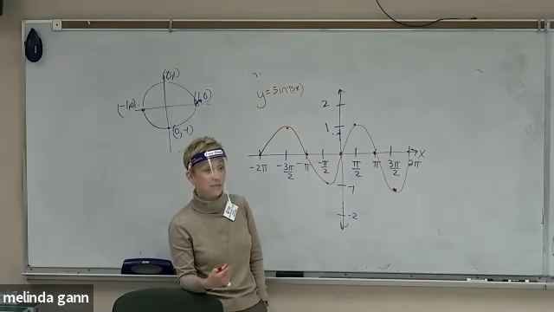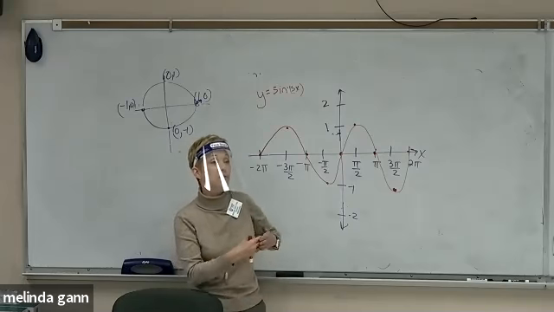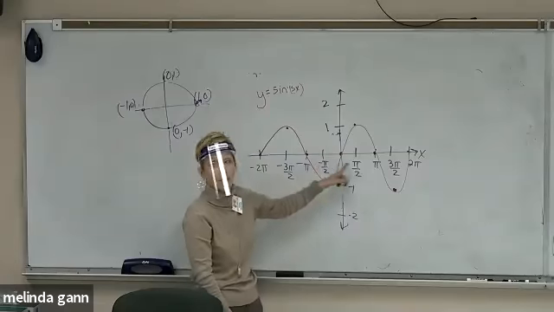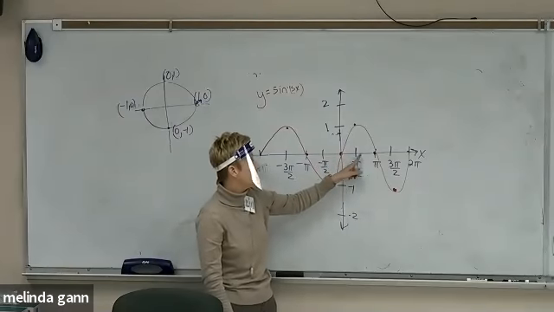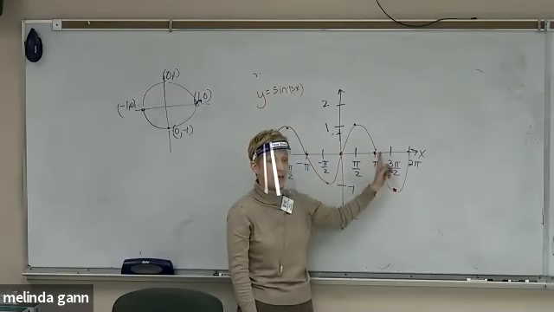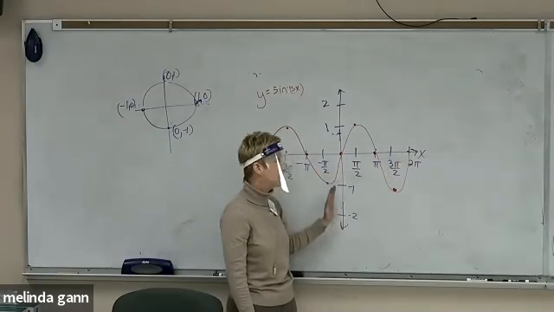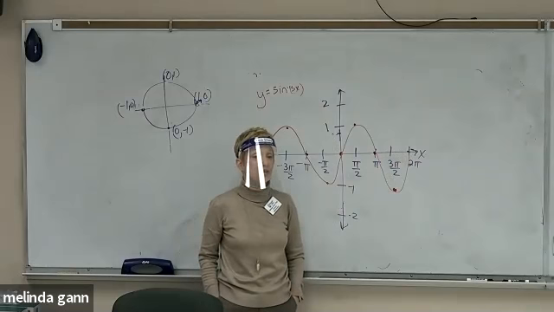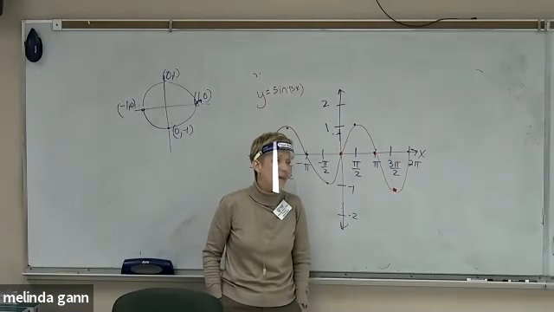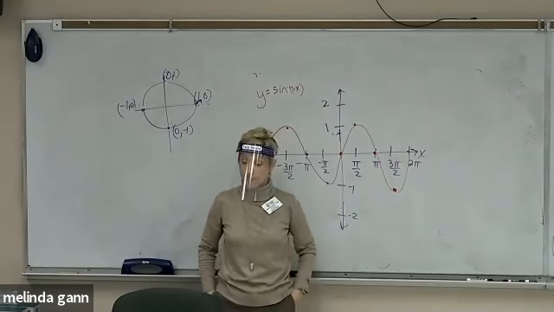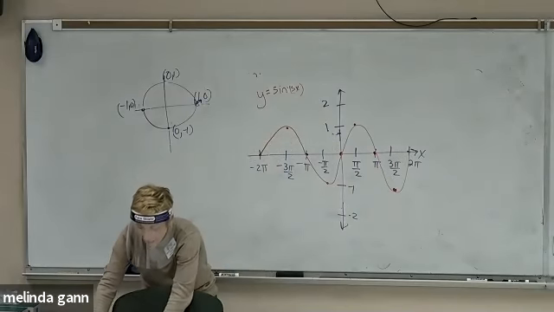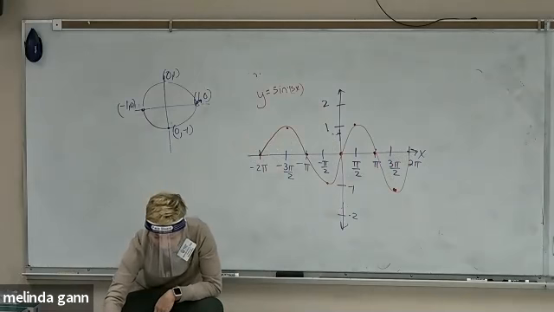Type in y equals sine x, and instead of doing the window by hand, if you do Zoom 7, it does this window. That means every little tick mark on the x-axis is 90 degrees, and every tick mark on the y-axis is a 1. That's just quicker than going in your window and setting it by hand. All right. That's my review of Trig.